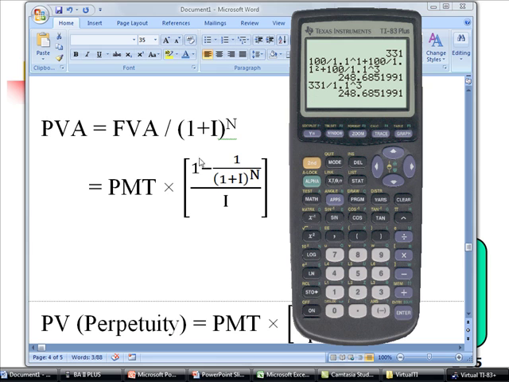I would start up here in this numerator and say 1 minus 1 over 1.1 to the power of 3, because that's what's going on there: 1 minus 1 over 1 plus i, which is 1.1, to the power of 3. So I got that number. Then I can divide the result by the interest rate of 0.1. Then I come back in and multiply by the payment, which would be 100 in this case. Again, predictably giving me the same answer that I had before, as it should.